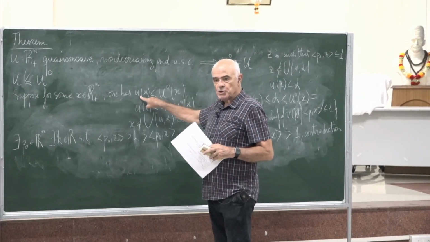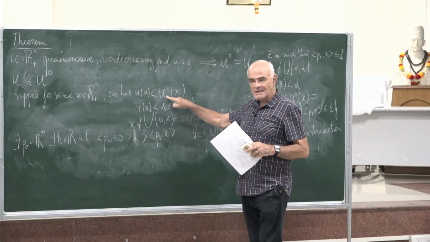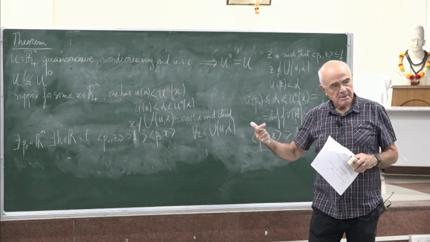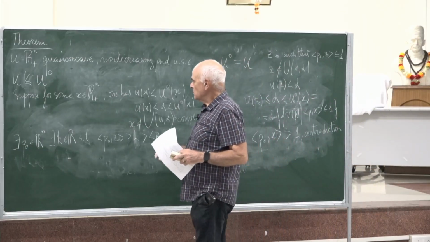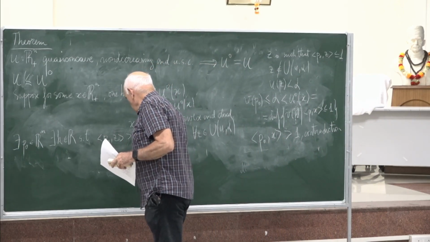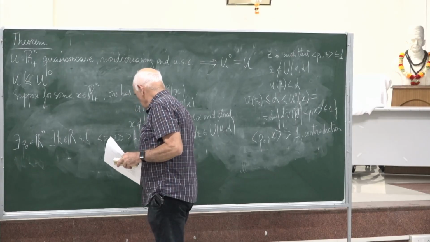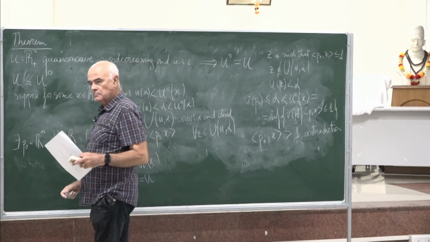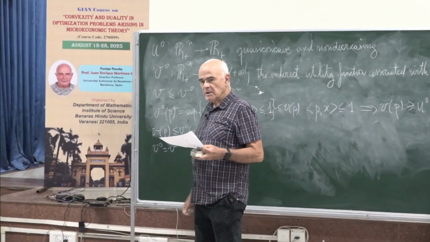So the assumption that u of x was less than u naught of x was wrong. So we must have u of x equal to u naught of x, so u naught is equal to u. Is this argument clear?